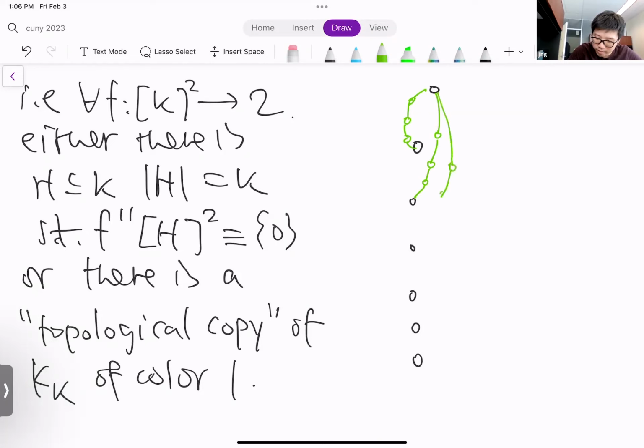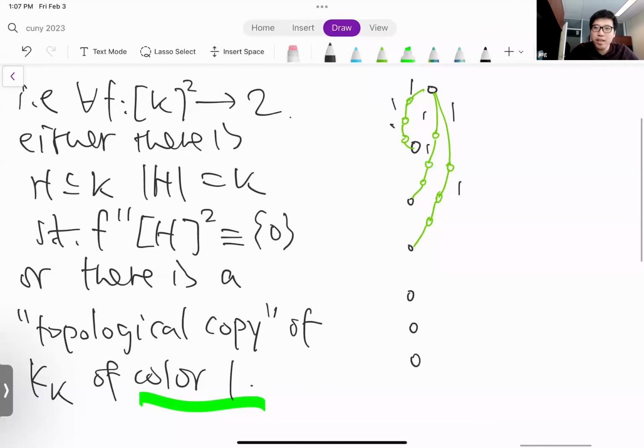The requirement is that all of these have color 1. This is exactly the kind of illustration that I did when I introduced the partition relation. It's almost K_kappa,kappa, but modulo some contracting. Is there any question?